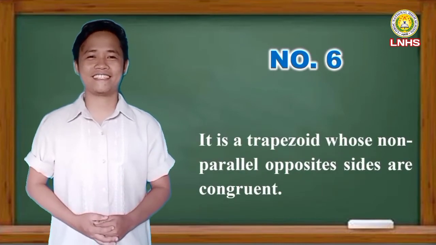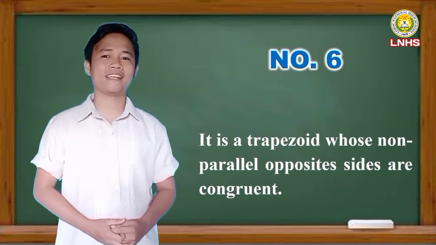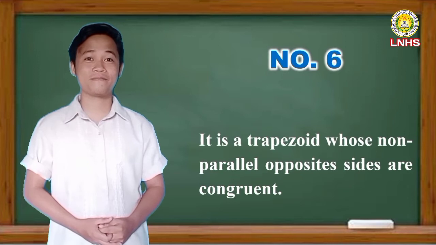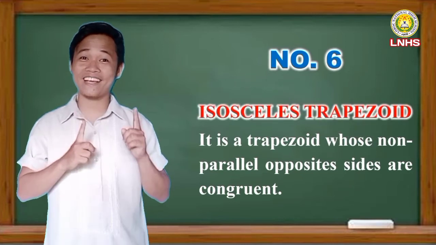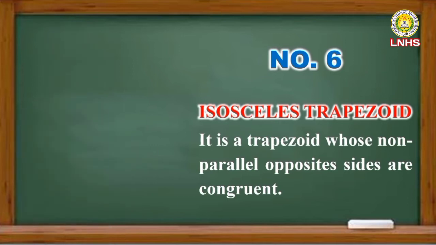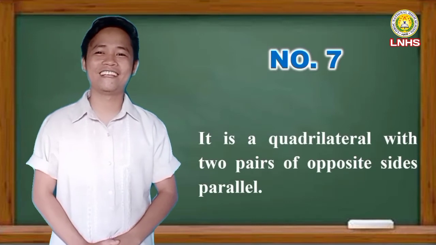Number 6. It is a trapezoid whose non-parallel opposite sides are congruent. Correct. The answer is isosceles trapezoid. Number 7.